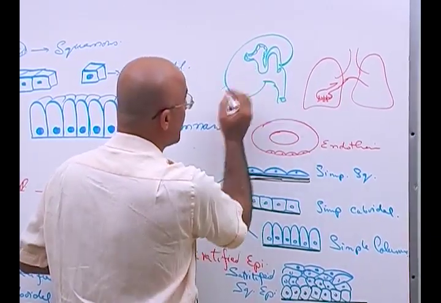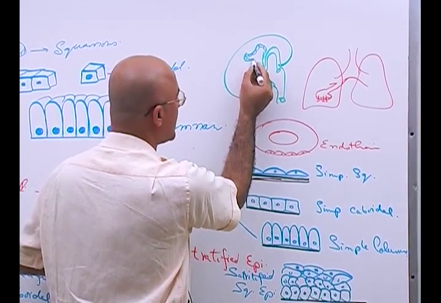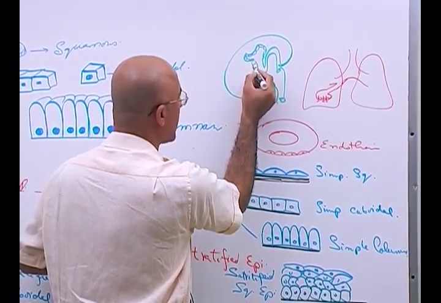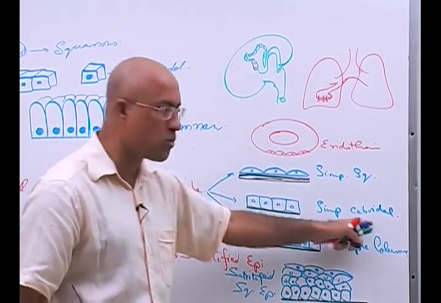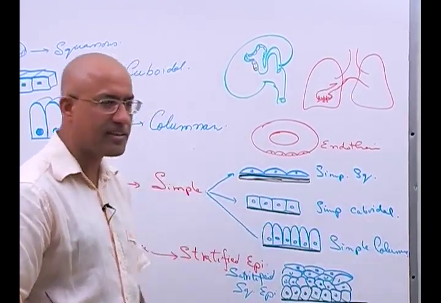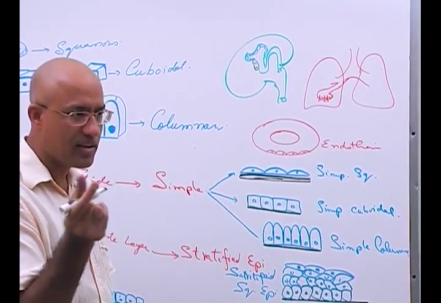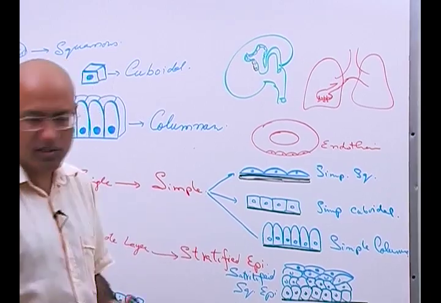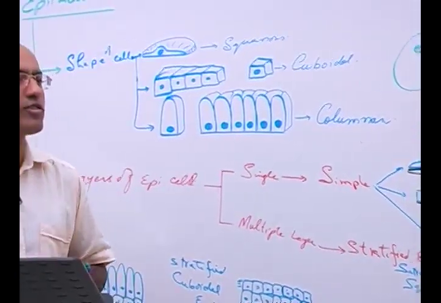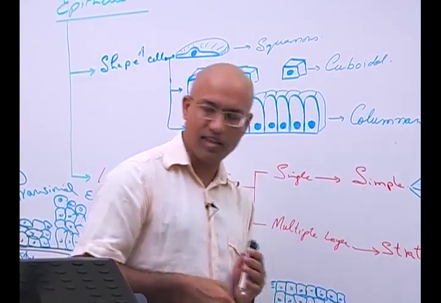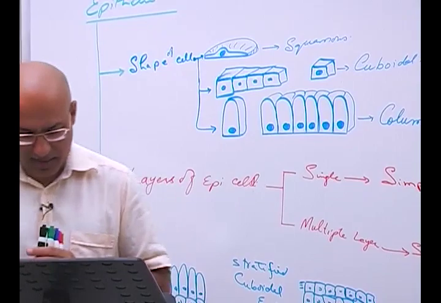So nephrons have simple squamous epithelium in the filtration unit, but here they have cuboidal cells. So nephrons may have simple cuboidal cells. And in the same way, in many glands, their ducts are lined by simple cuboidal epithelium. In females, the surface of the ovaries is also lined by simple cuboidal epithelium.